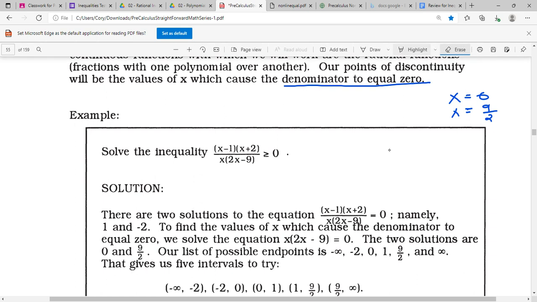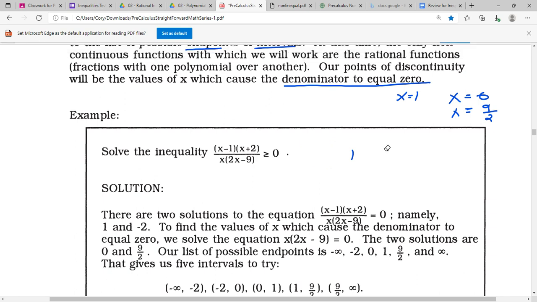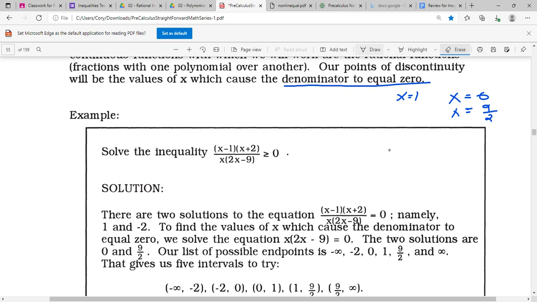Then the other parts where it would be 0, any of these tops would be x minus 1 equals 0. So we would do plus 1 plus 1. x equals 1. So that's our other point. And then we also have x plus 2 equals 0, minus 2, and we get x equals negative 2.